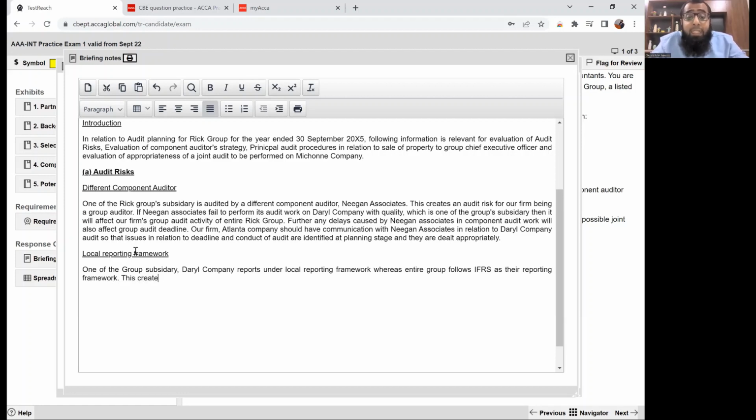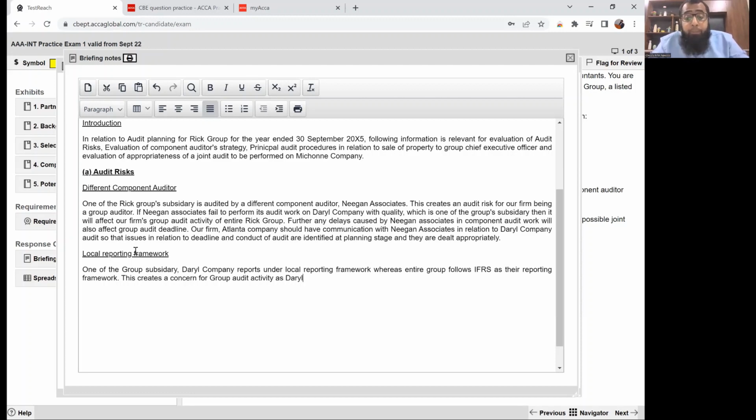This creates a concern for group audit activity. Why does it create a concern for group audit activity? Because we need to translate the Darrell company accounts according to IFRS. And obviously, then there will be component audit issues also, because there can be differences between the local reporting framework and the IFRS.